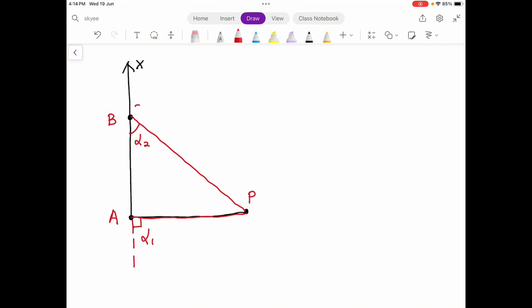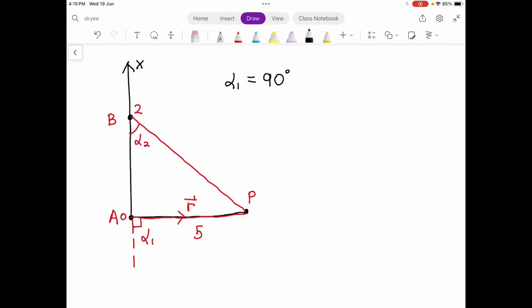And the coordinate here is 2, and this is 0, and this is the unit vector R, and we know the distance is 5. So alpha 1, you don't need to find because it is 90 degrees.